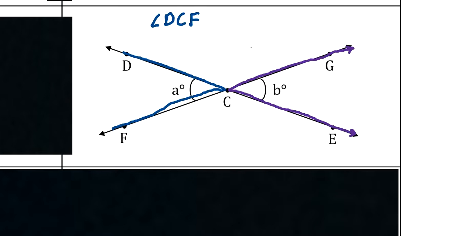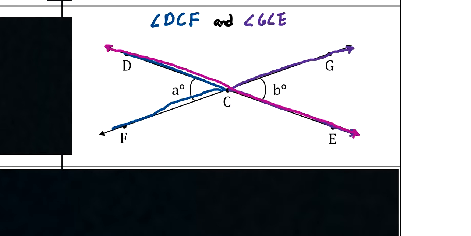So those are actually vertical angles. The reason they are vertical angles is because if I look, they share the same lines. We see here we have our line DE.